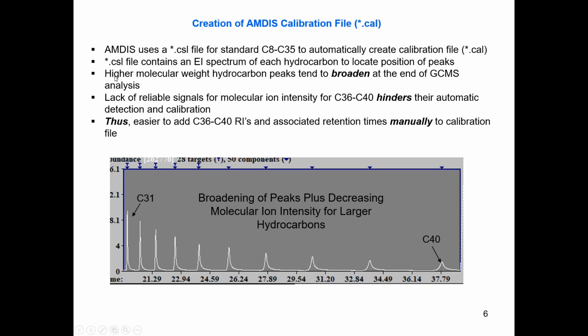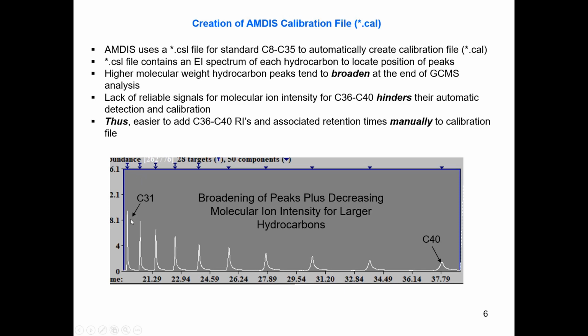However, the higher molecular weight hydrocarbon peaks tend to broaden at the end of the GCMS analysis, and due to this broadening and the lack of a reliable signal for the molecular ion intensity for many of these species, it hinders their automatic detection and calibration. Thus, it's much easier in most cases just to add the C36 to the C40 RIs and associated retention times manually to calibrate, as we'll show in the example today.